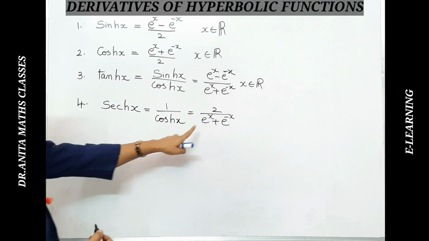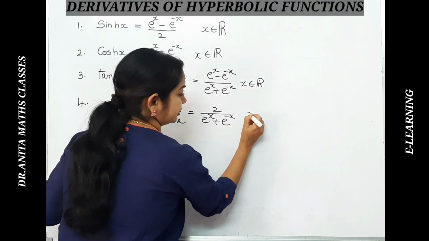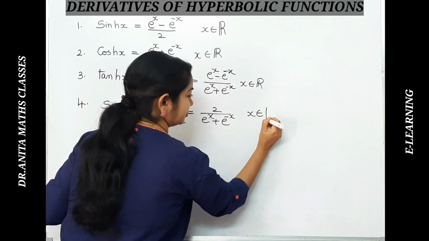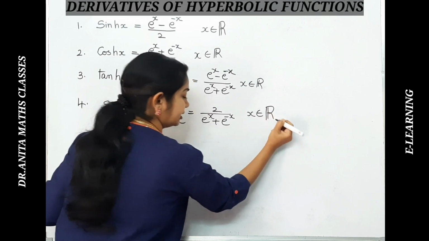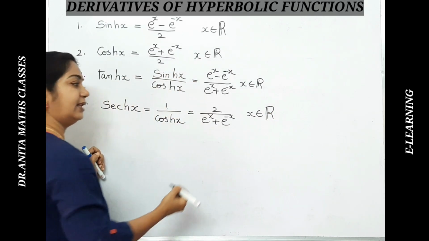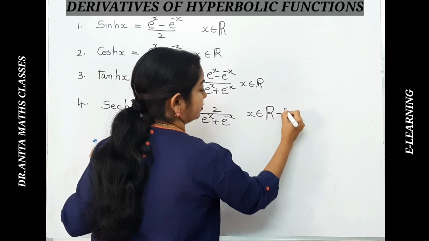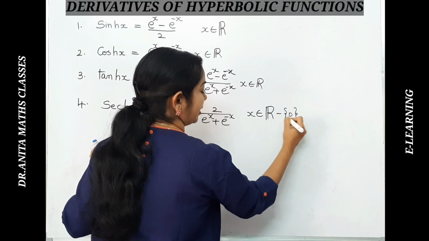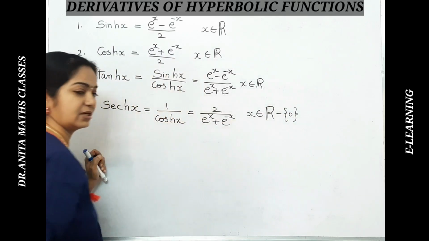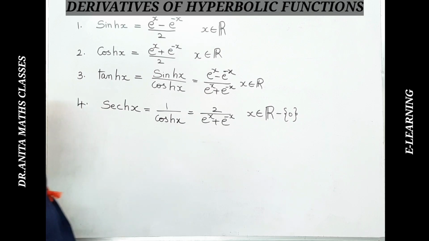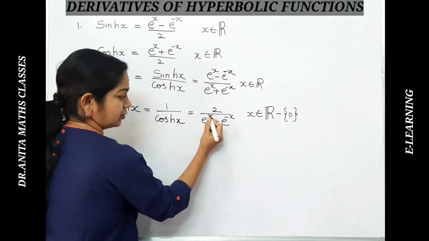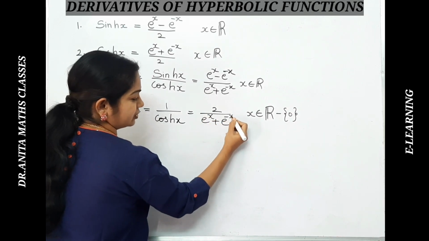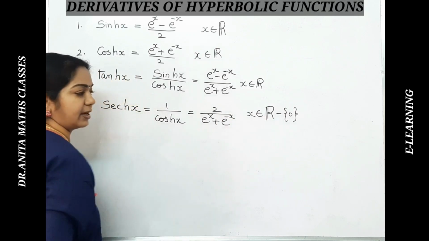Here, x lies for all the real values of x. Apart from 0, all real values will come for the sinh, because e to the power of 0 is 1 and e to the power of 0 again 1, you get it as minus 1.